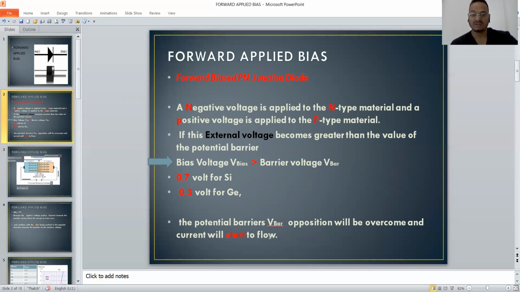This is an important thing, so let's put this statement between two brackets. All that is to let the current start to flow. This will be by dealing with this condition: V_bias must be bigger than the barrier voltage.